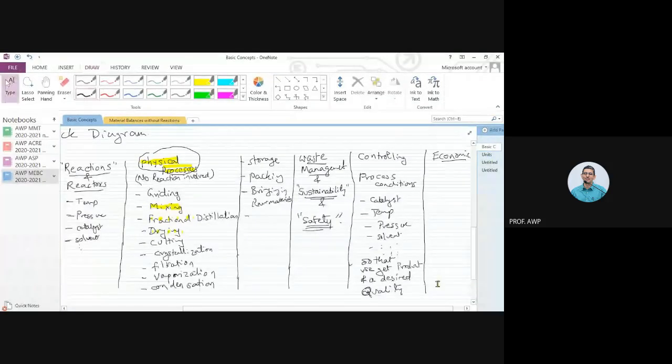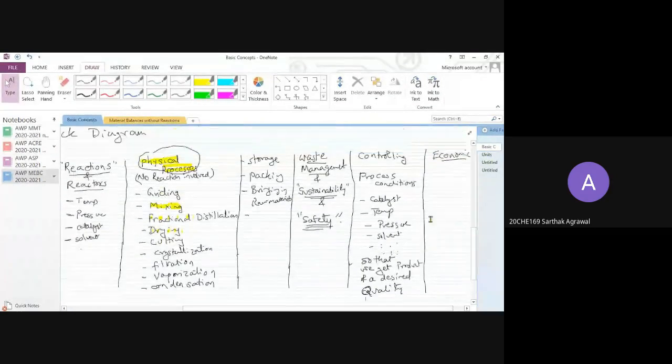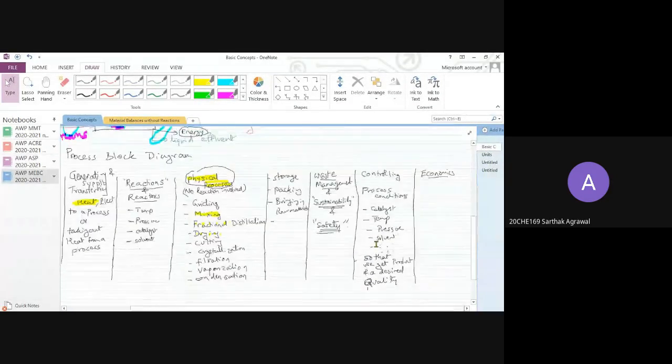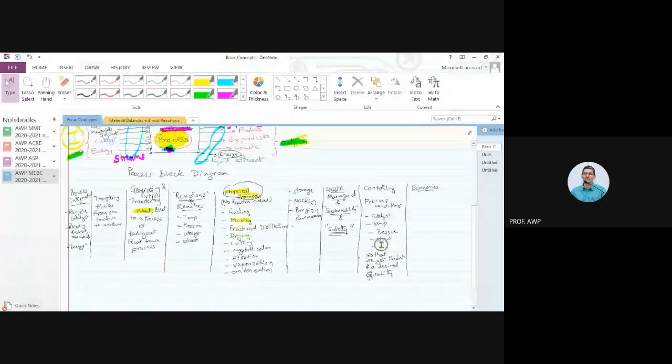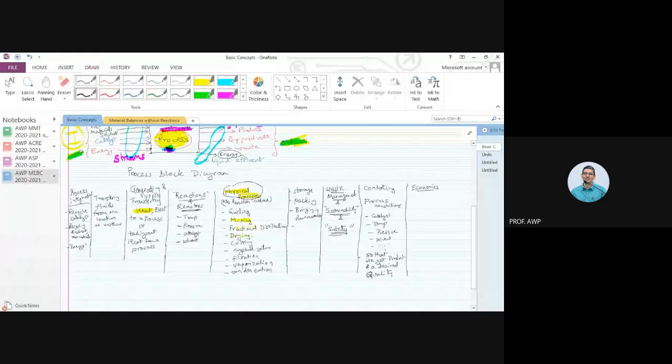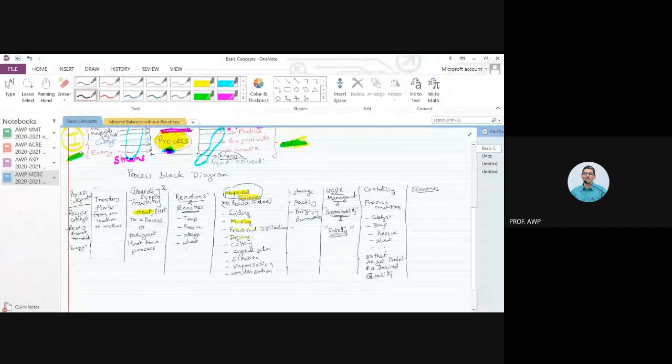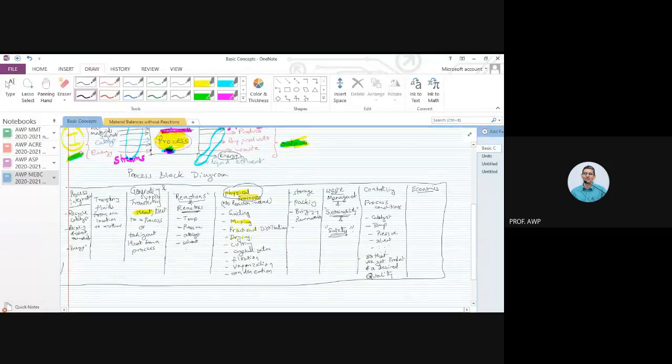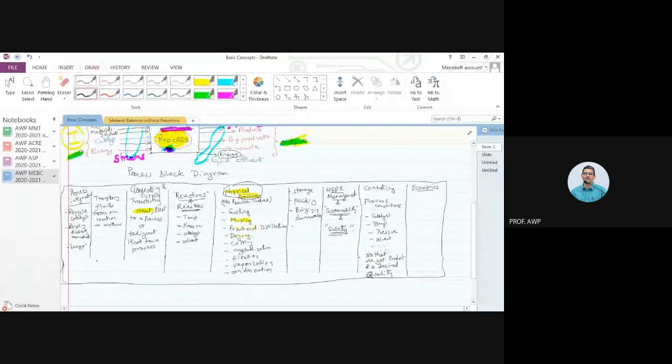Okay, anything else? So machinery for carrying out the reactions. Right, so all those things are here. Reactions and reactors, equipment, hardware is all here. What hardware do I require for doing all these things? It's already there. Anything else?